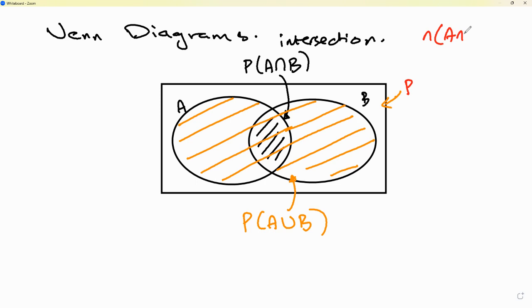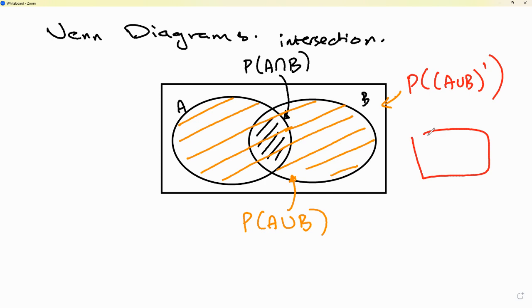And when you use n, n just stands for the total number of items in there. So that's more counting. Probability is a percentage, right? So the probability of not A or B is the opposite. If it's all there, and if it's not that, then it's everything around it, which I'm going to put in red. So that's the probability of it not being in that space.